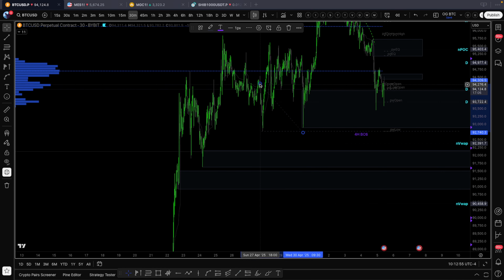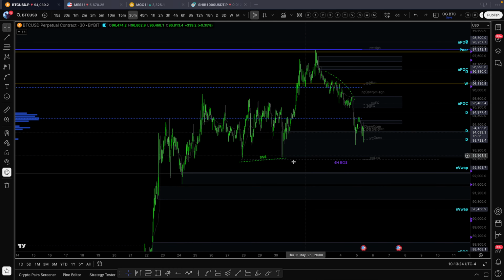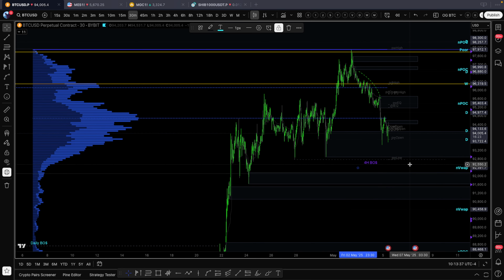But if we just come down here to sweep these lows, it's just going to grab liquidity to go higher and continue this bullish structure, because we are still in bullish structure until we break this low with a strong 4-hour candle. So that's your update.